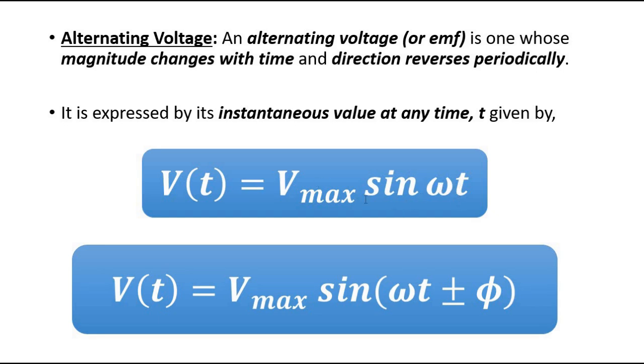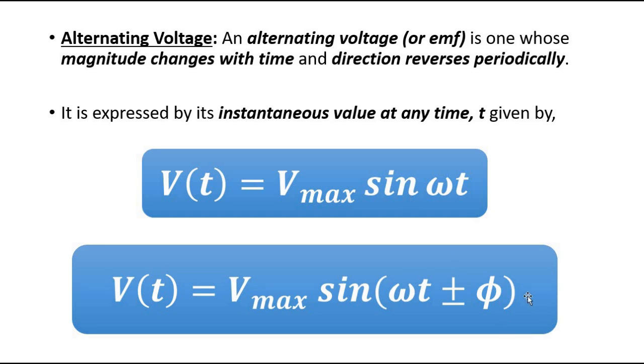So it is expressed in simple sinusoidal form. There are numerous advantages of expressing it in sinusoidal form. One of the most important is simpler mathematical analysis. We'll go into that in detail in later videos. For now, just understand this is the mathematical relationship.